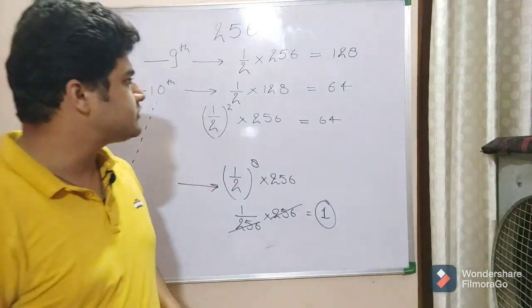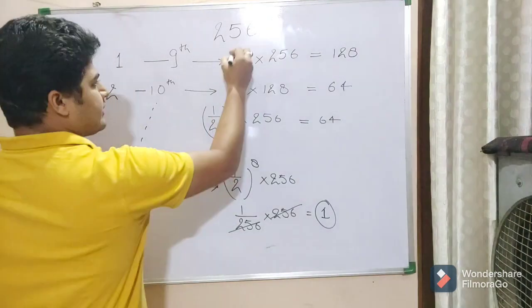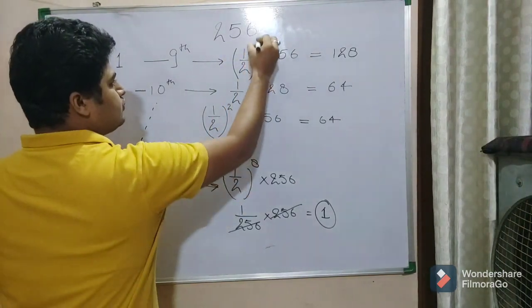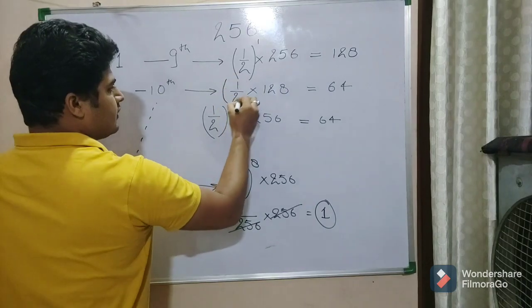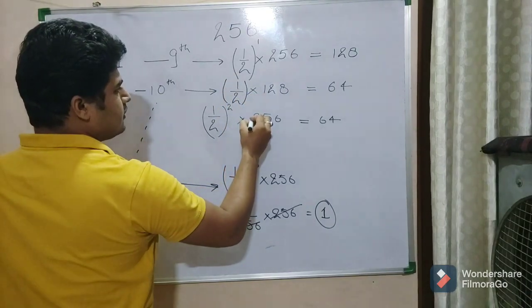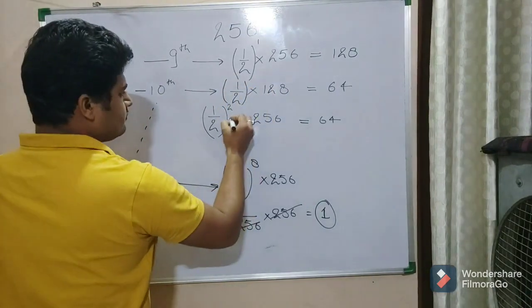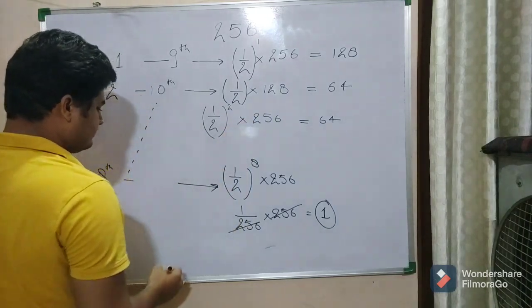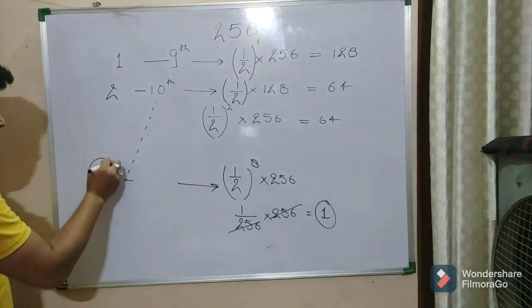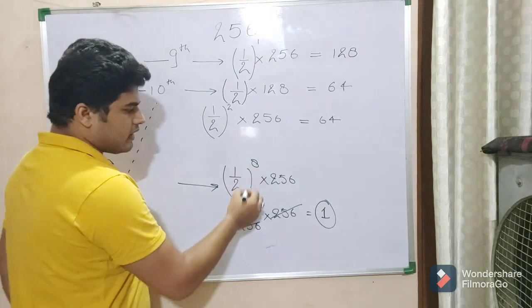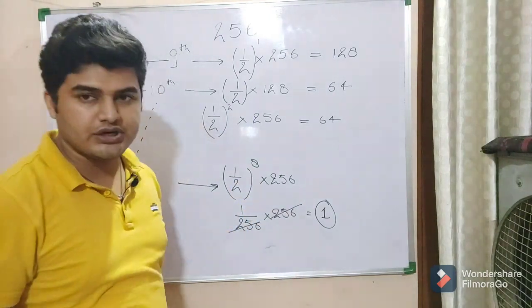So that can also be expressed in the form of exponents, like 1 by 2 raised to the power 1, 1 by 2 raised to the power 2, and in the same way on the 8th day of treatment, 1 by 2 raised to the power 8, that is 1 patient is left behind.